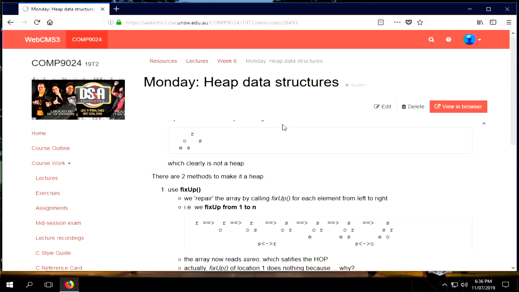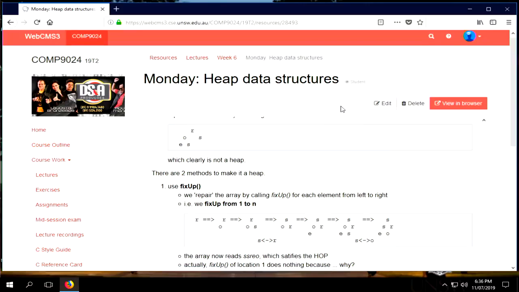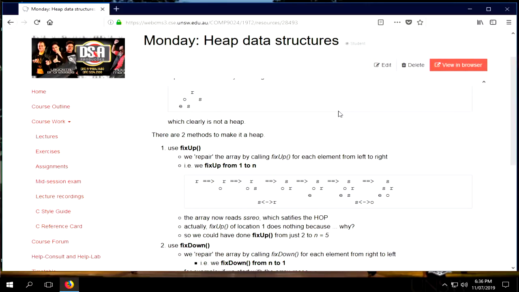Child is not bigger than the parent, so that is my finishing tree, my finishing heap. And it reads as an array SSREO.